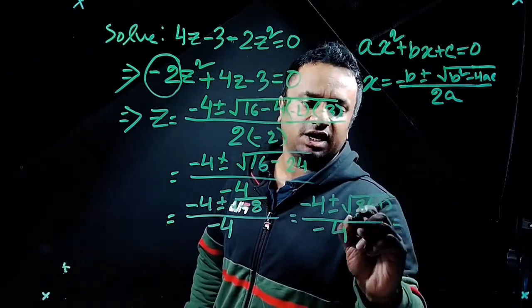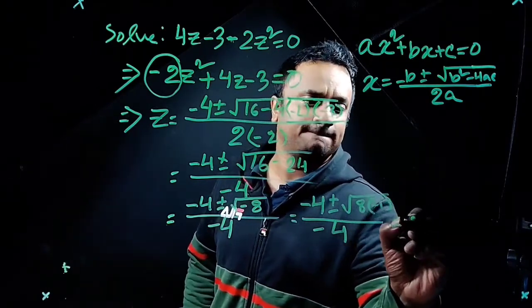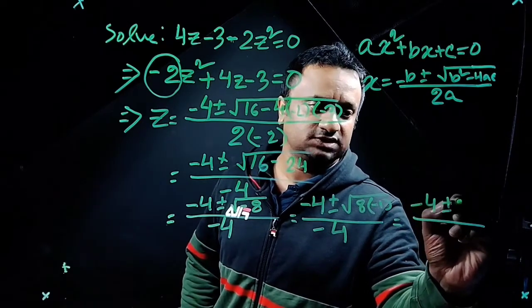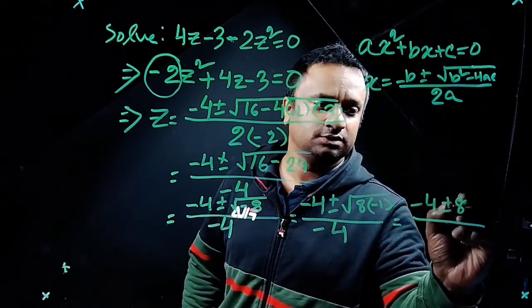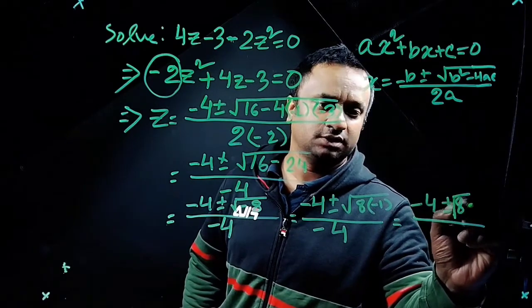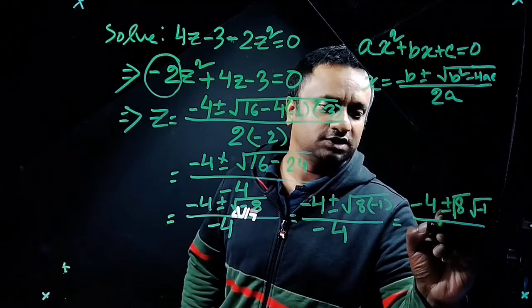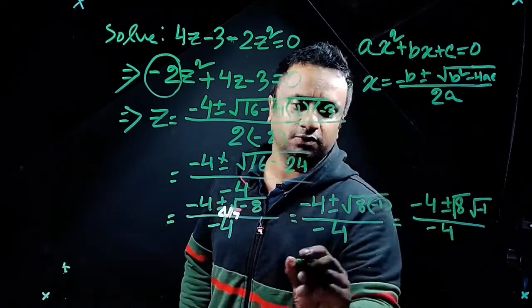And I can write it as minus 4 plus minus root 8 times square root of minus 1 divided by minus 4.